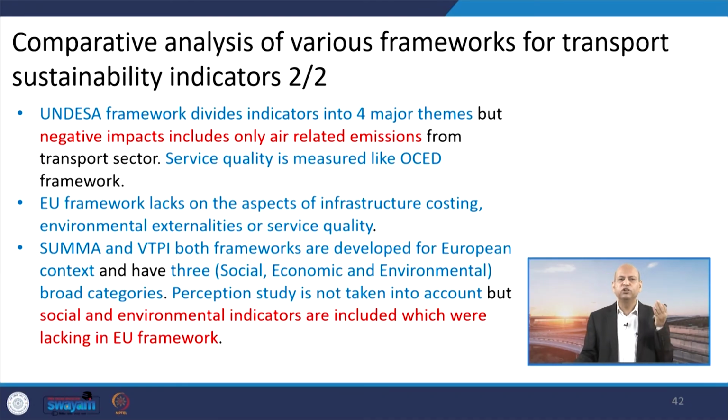The EU framework lacks aspects of infrastructure costing, environmental externalities and service quality, whereas EU's projects like SUMMA and VTPI, these both frameworks are developed for the European context and have 3 major aspects like social, economic and environmental, which we have seen.